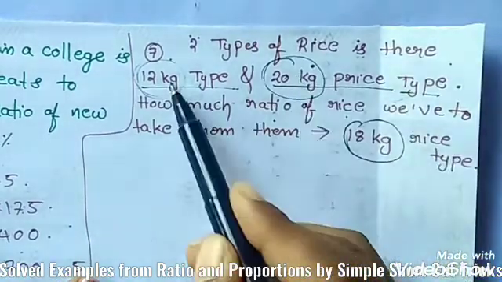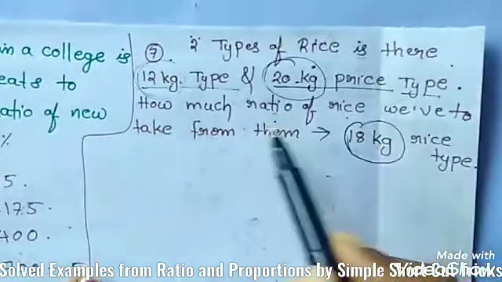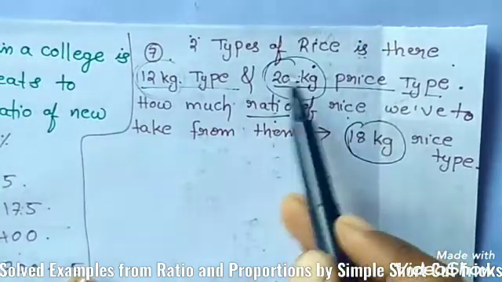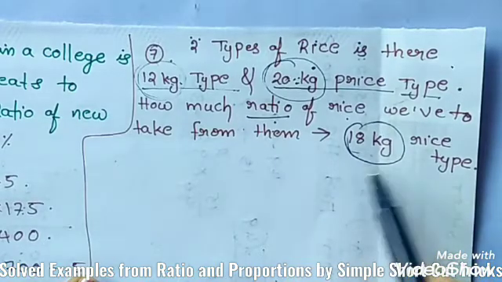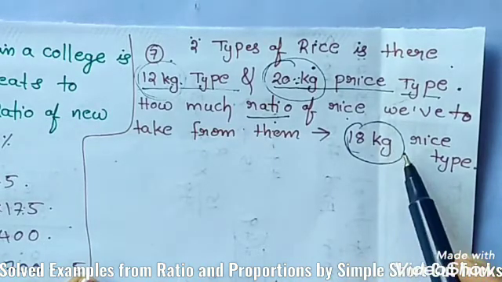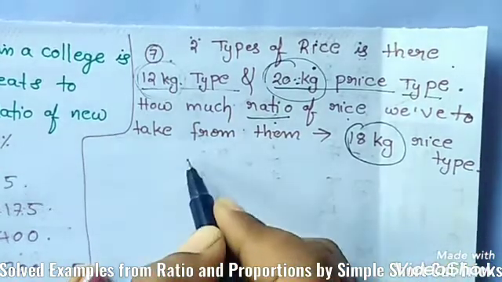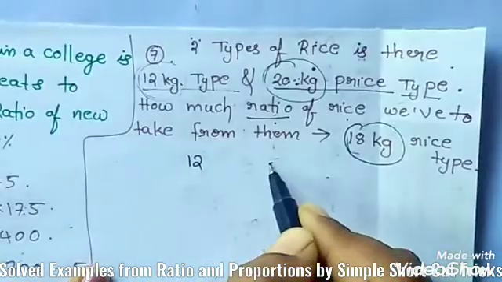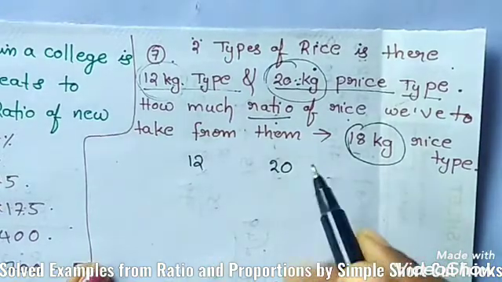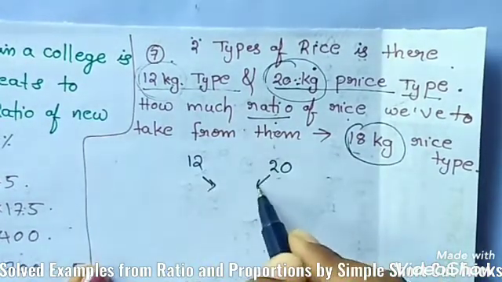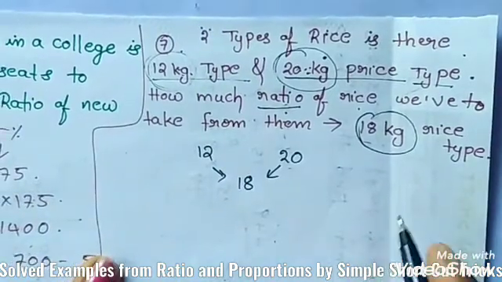So these are the two types of rice, and from them, in what ratio do we have to collect from these two types to get 18 rupees per kg. Let us see first of all what they have given. 12 rupees and 20 rupees. So kg 12 rupees, kg 20 rupees types, and from these two we have to get kilo 18 rupees type.